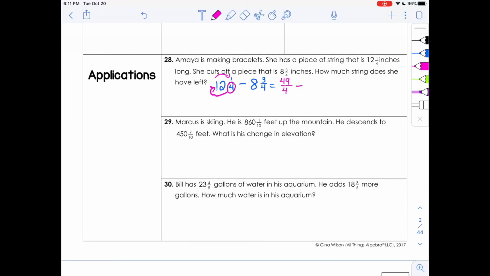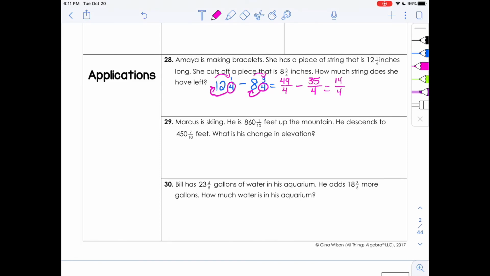And to do that, we're going to multiply our denominator of 4 times 8 plus 3, which would give us 35 over 4. Our denominators are the same, so I can simply subtract my numerators. 49 minus 35 is 14 over 4. Remember, our denominator stays the same.